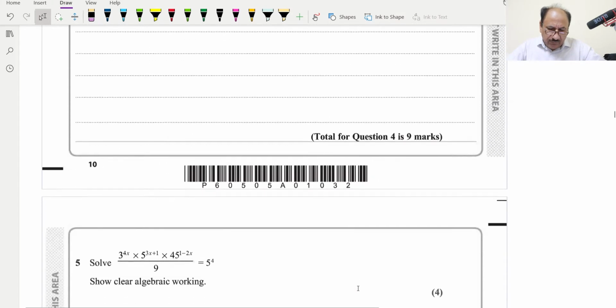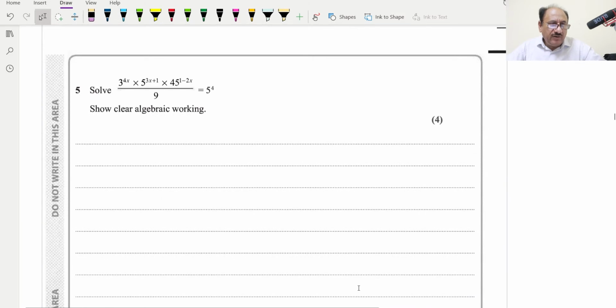Now we can move to question number 5. Question number 5 says we have to solve these indices. Show clear algebraic working also.